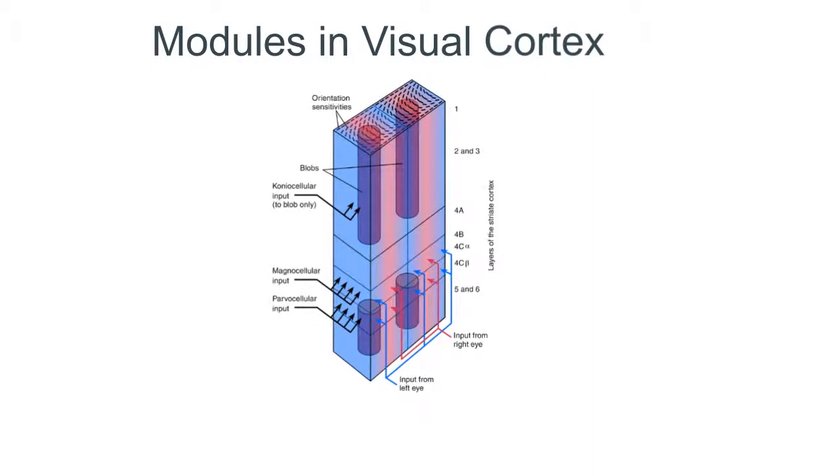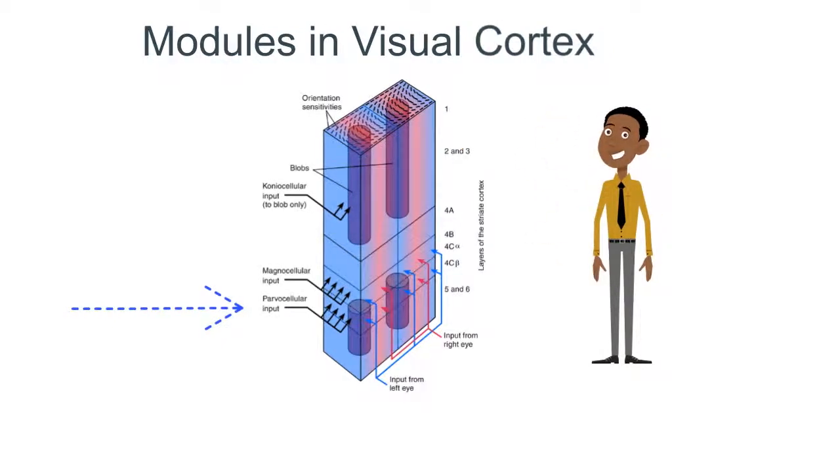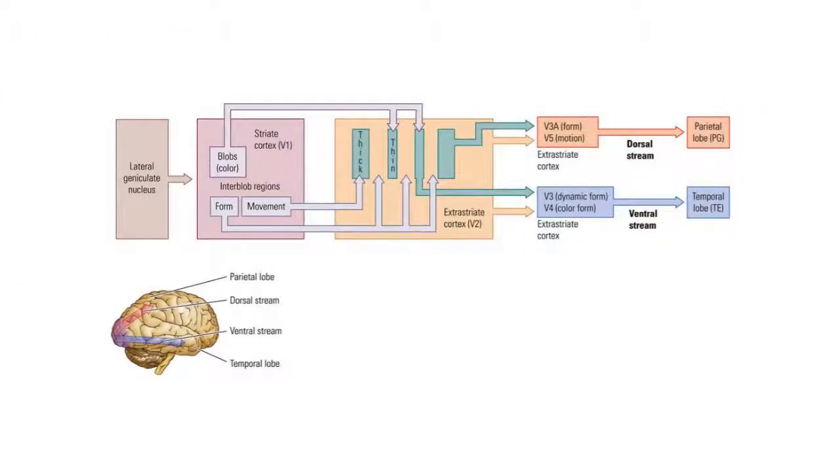Here you can see parvocellular information coming into 4C beta of striate cortex, and you can see the cytochrome oxidase blobs embedded within the tissue. As we move from area V1, the blobs send information through the thin stripes of extrastriate cortex V2, and then to area V4 of extrastriate cortex.